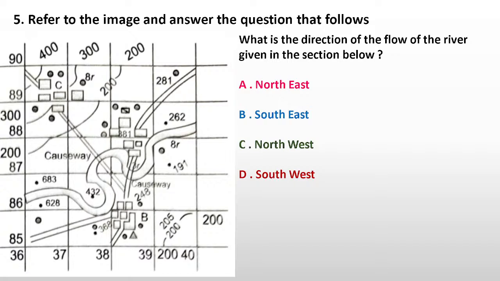I request the students to answer quickly so that we can go ahead fast. And the correct answer for this question is northeast. The river flows northeast.